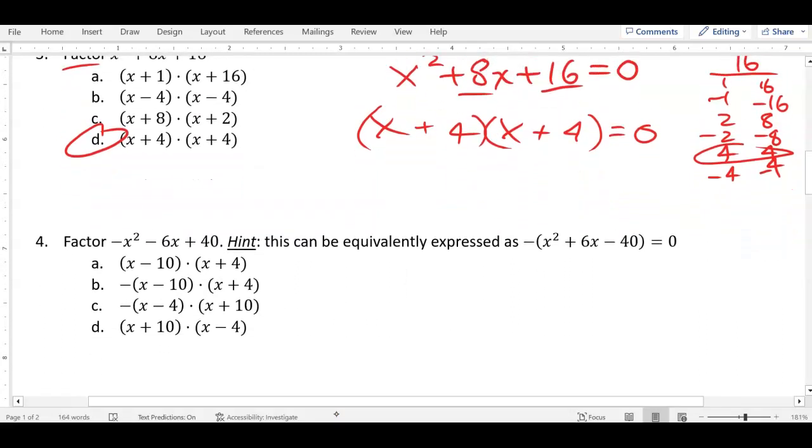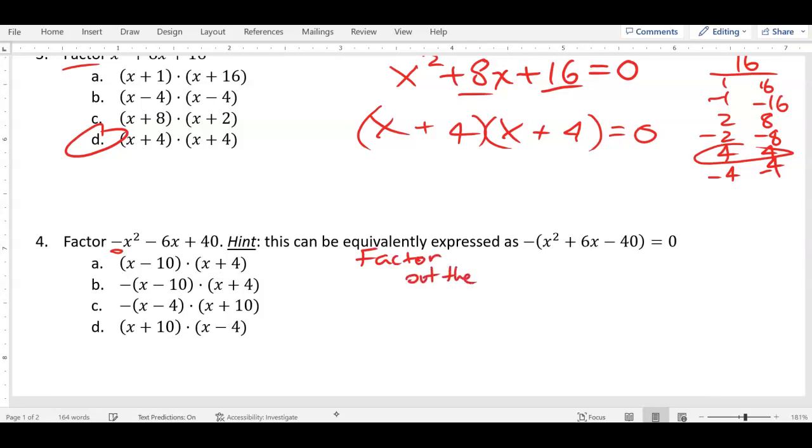Now, for number 4, if we're factoring something with a negative in front, you have to factor out the negative sign. When you do that, it changes all the signs. So now we're just going to factor this, but you cannot forget that negative is still going to be out front. Okay.